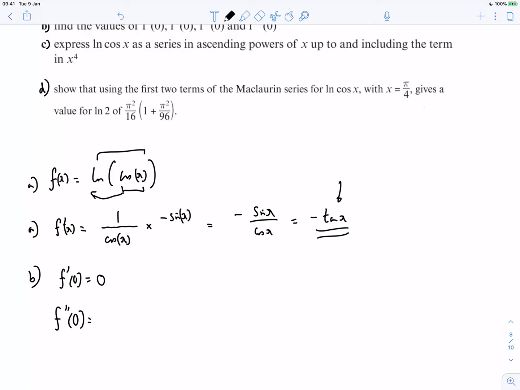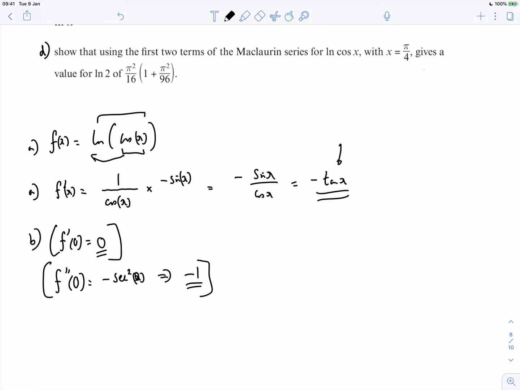So minus tan will differentiate to minus sec squared of x. So minus sec squared of 0 will just be minus 1 over cos squared of 0. Cos of 0 is 1. Minus 1 over 1 squared is minus 1, so that's just going to be minus 1.